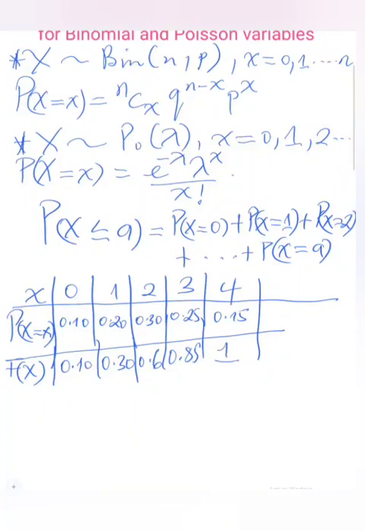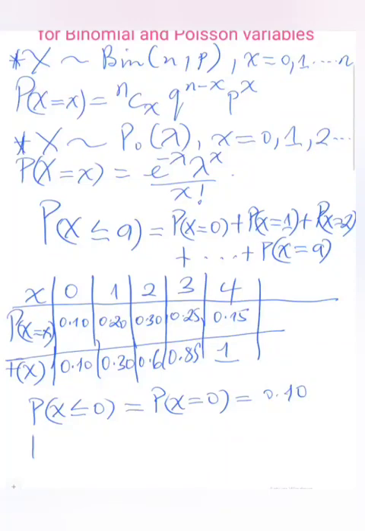So from this table, if I have to find the probability that my random variable takes a value less than or equal to 0, it would simply be the probability of 0 itself, which is 0.10.